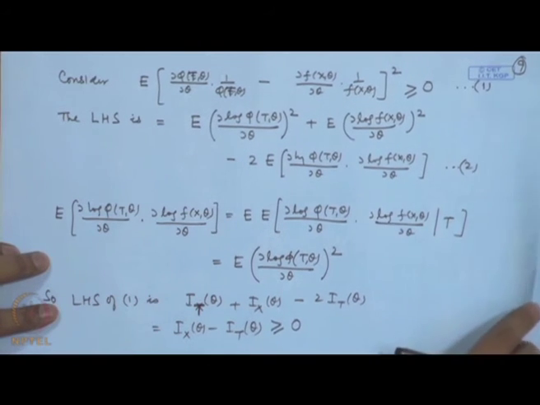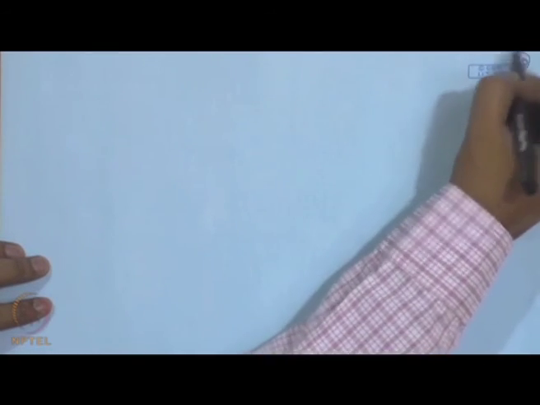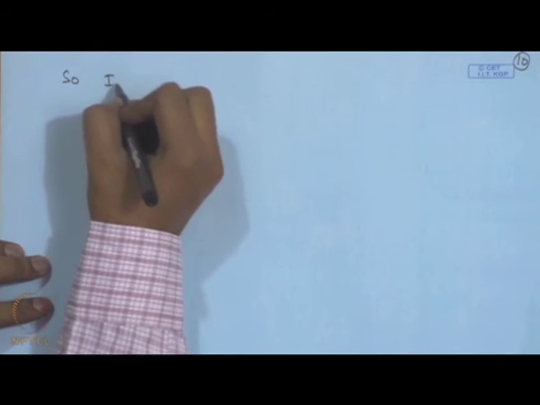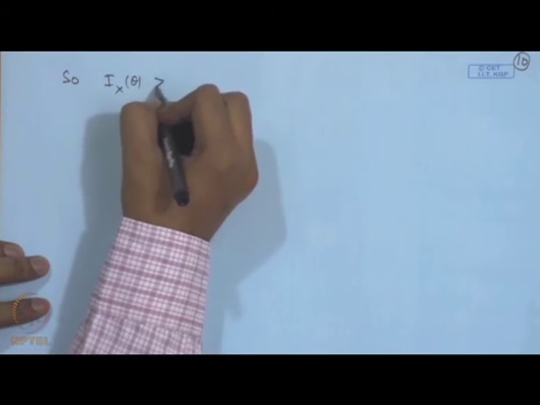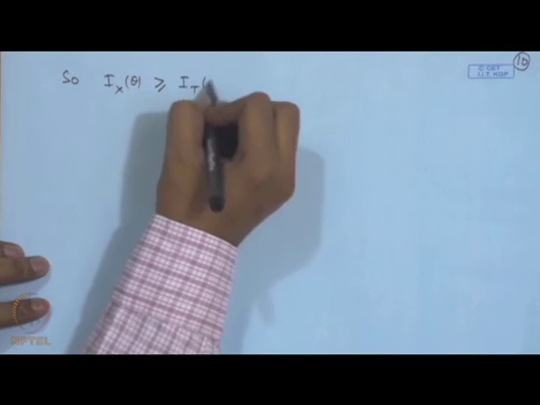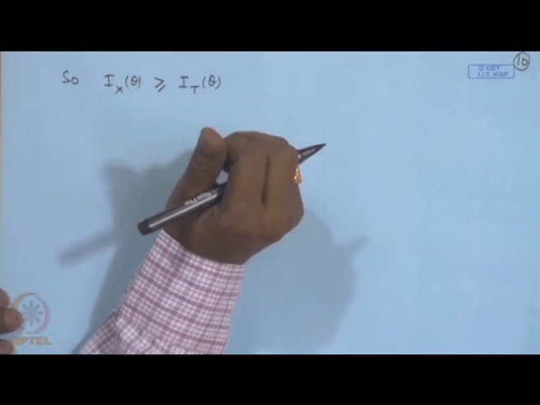So, we conclude that I_X(θ) is greater than or equal to I_T(θ). So, information in a statistic is always less than or equal to the information in the full sample.